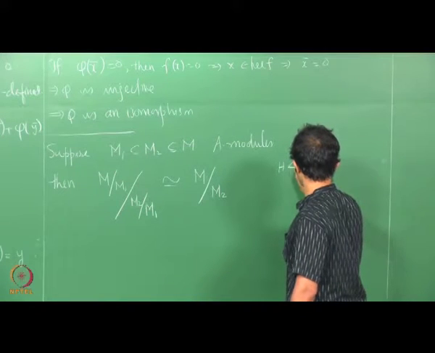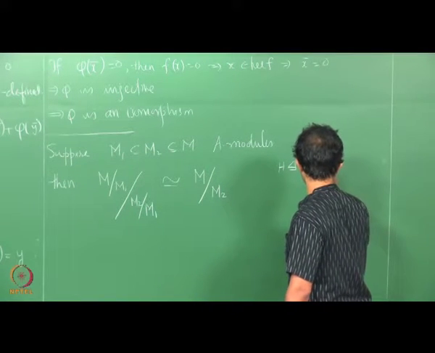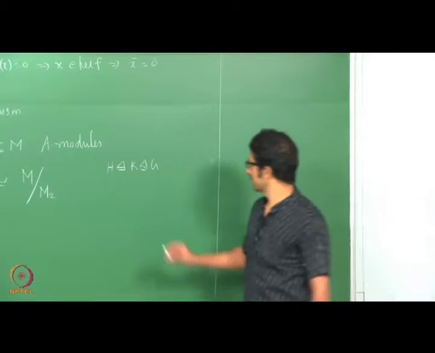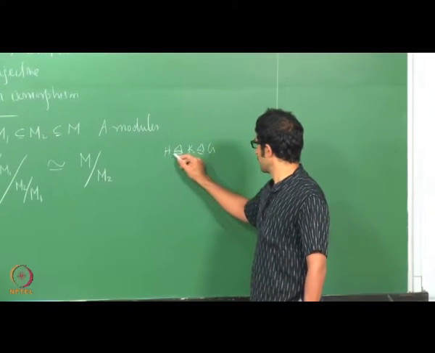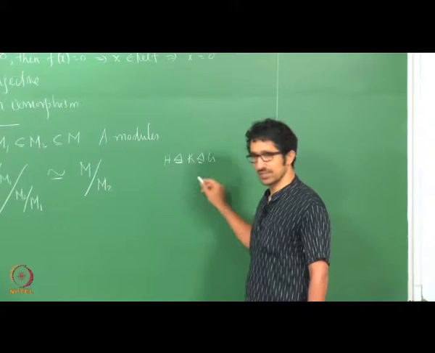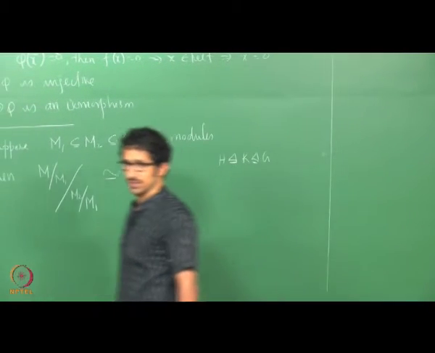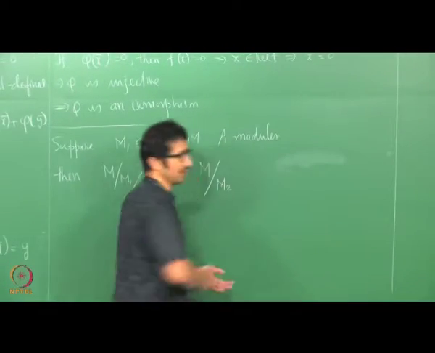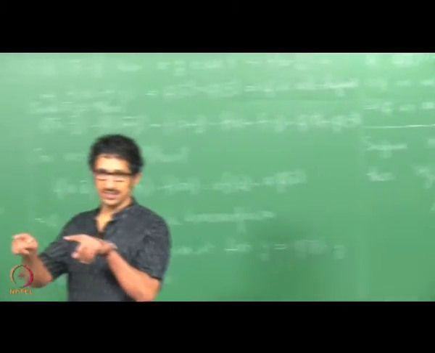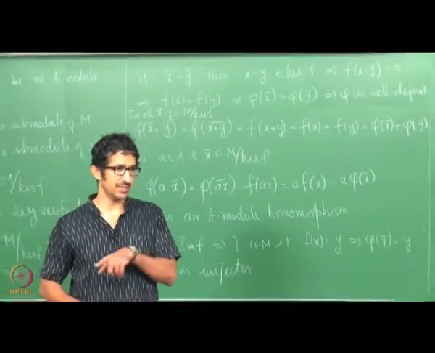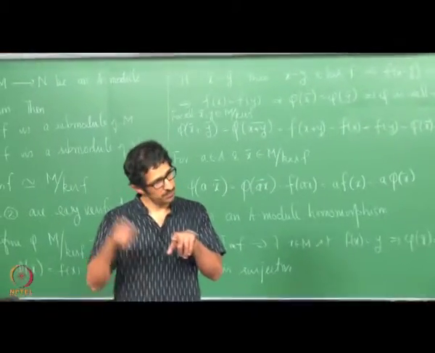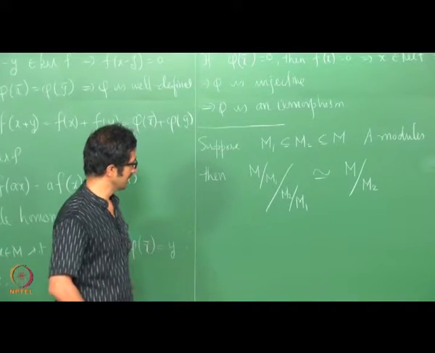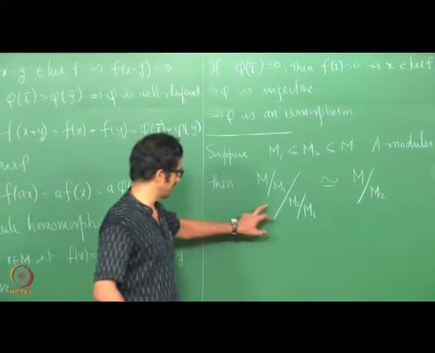If you have H contained in K contained in G, then G mod H modulo K mod H is isomorphic to G mod K. And for rings, if you look at J contained in I contained in R, J and I ideals of R, then R mod J modulo I mod J is R mod I. So, this is an exactly similar statement.